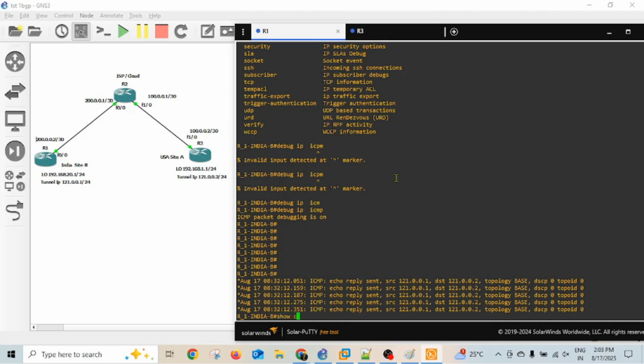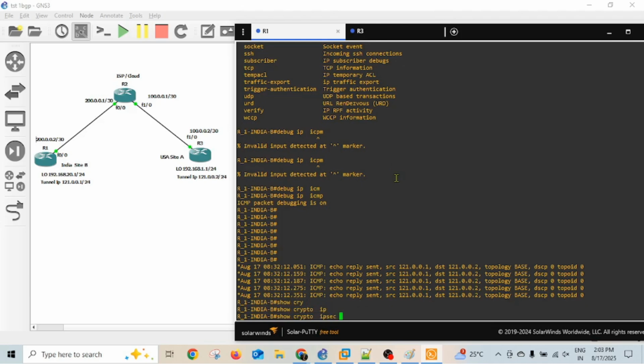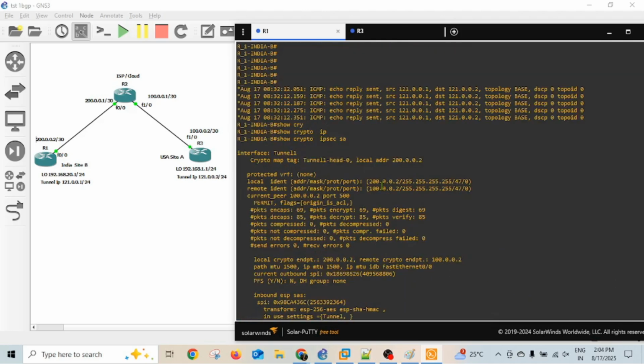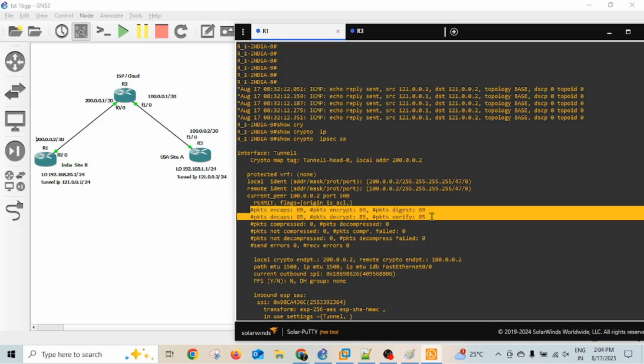And so show crypto IPsec SA. A packet count also is there. You can see here, this is the local address. This is the remote address. Okay, current peer, port, packets, how many packets it is exchanging.